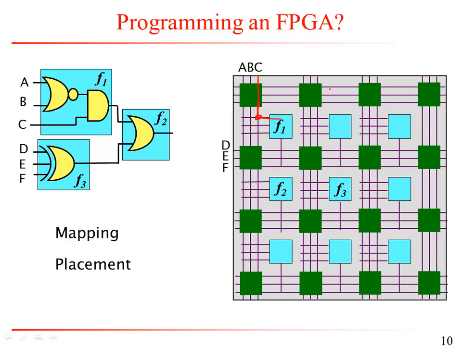By the way, these wire segments would be electrically disconnected. So this would be one wire, this would be another wire. They're not connected. This would be another wire which is not connected to those, and so on.